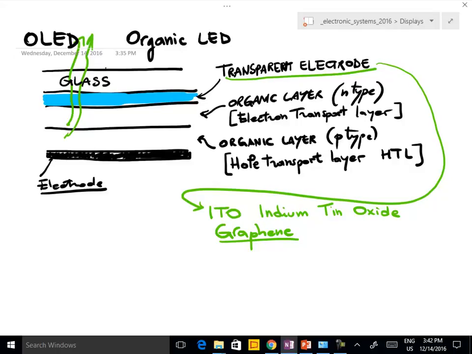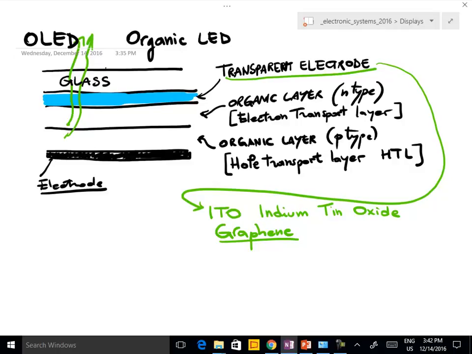Transparent electrodes are not easy to find, because typically a metal is not transparent. You need something which is conducting, but at the same time transparent. A metal does not work. And what works are typically some special oxides, such as ITO.